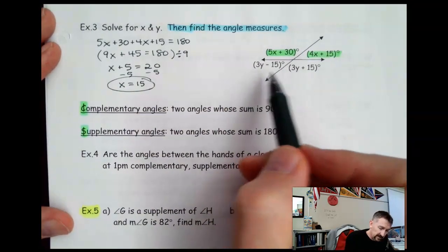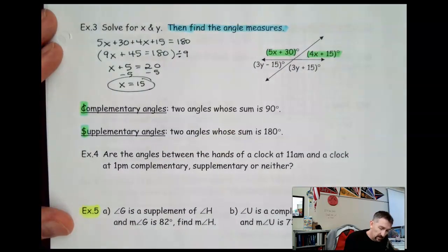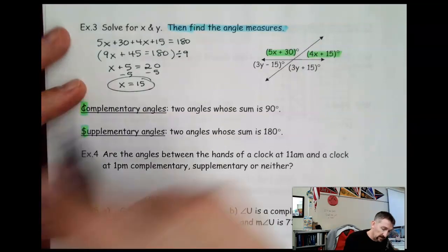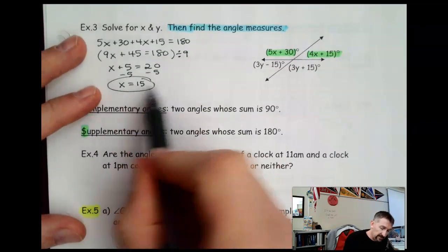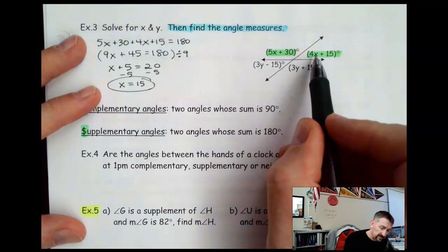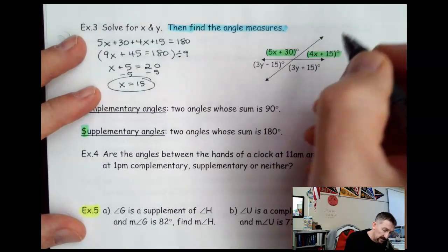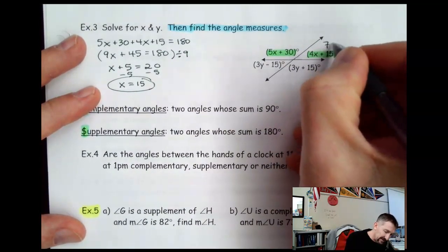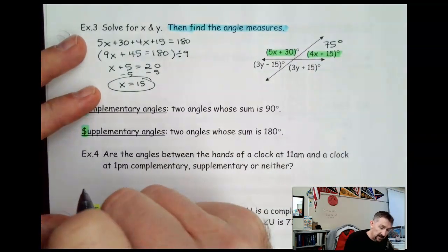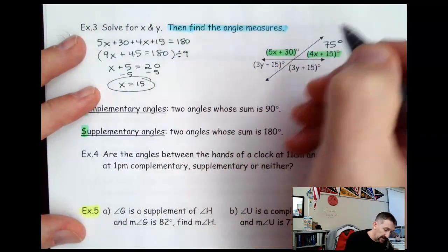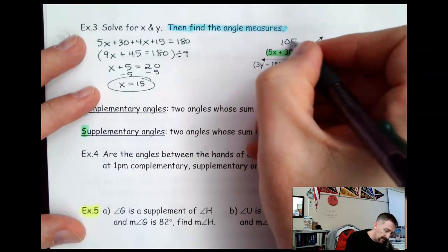Now we could do the same thing down here to find y if we wanted to. Or we could plug in some numbers and see what happens. So if we plug 15 in for x, 4 times 15 is 60, plus 15 is 75. And 180 minus 75 is 105.